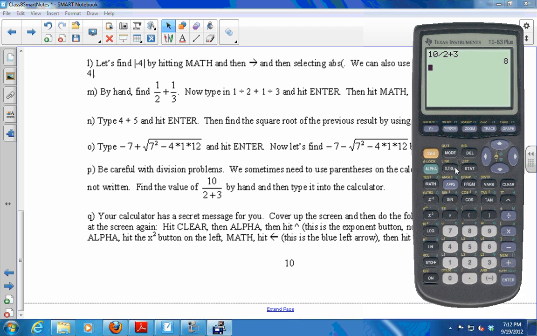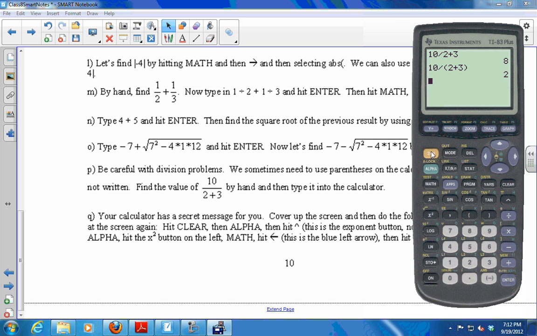So if I want to pull this up again, I can hit second, enter, and it just gives me exactly what I just typed in, and you can edit it now with the arrows. We'll add some parentheses. And now we get the 2 that we were looking for.